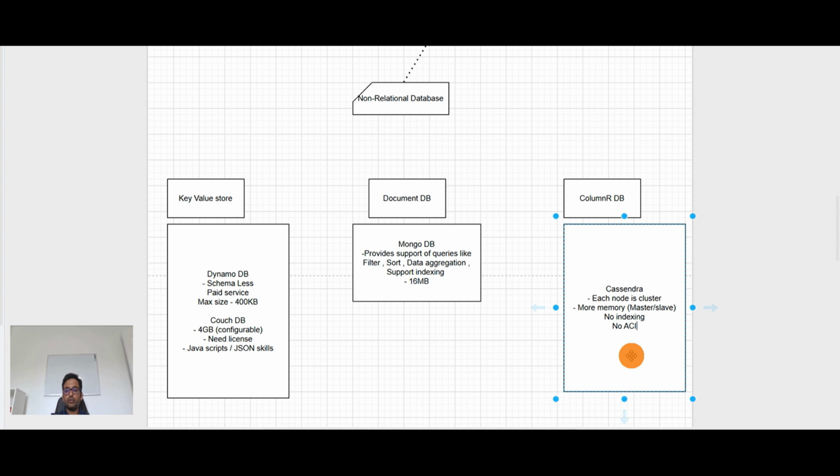We already know these are non-relational databases, and the one positive part is that it's free and open source. Netflix also uses Cassandra, and there are other ColumnR databases like HBase. To choose the right one, you need to understand the different strengths and weaknesses of each database. Based upon that, you can pick the most suitable database for your system.